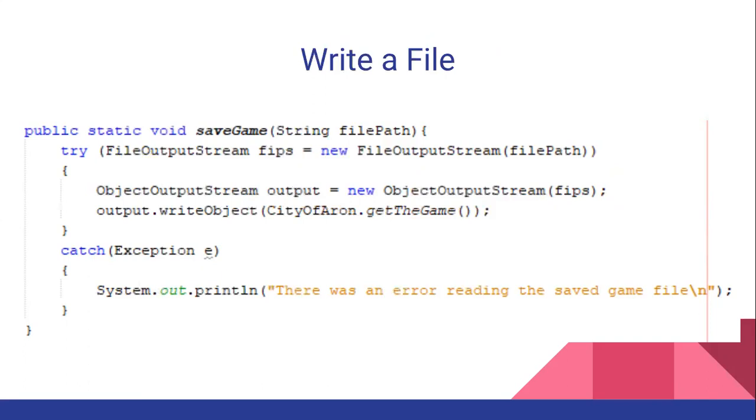So I return here an object, I mean all the game, all the variables that the name is game, and it is written in the output file. So it creates a file and writes this object, the game object, in this file and saves with the name that is in the file path. In the file path we have the name and the whole path of the file.